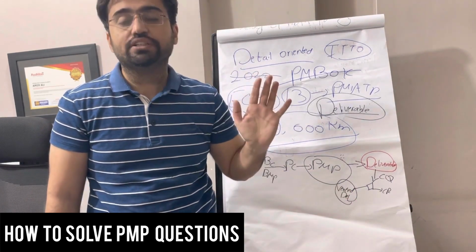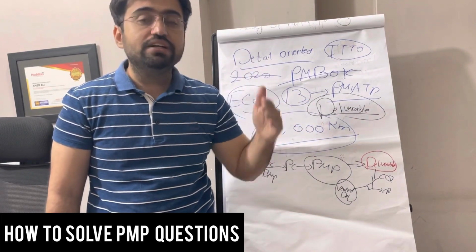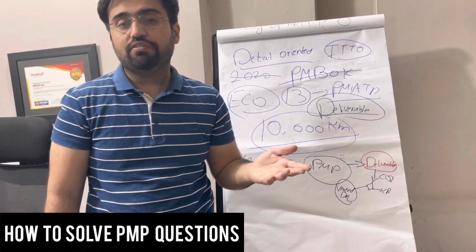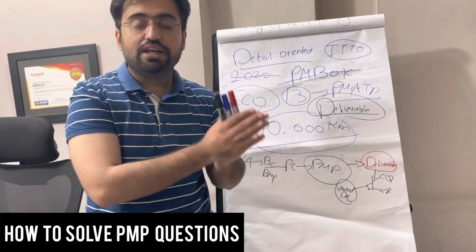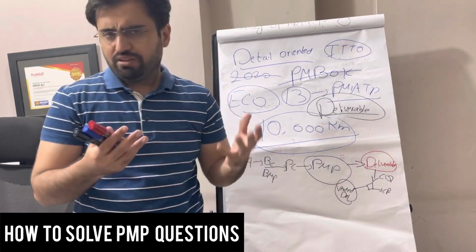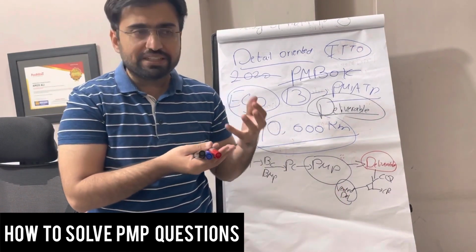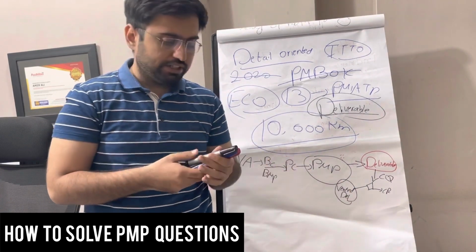The client has not accepted the deliverable yet. Only the agreed standards in the quality management plan, what standards they have followed, it has been approved, and the team says it is checked and approved by quality. They become verified deliverables. Now we use inspection to check them, basically peer reviews, that these deliverables are according to the standards or not.